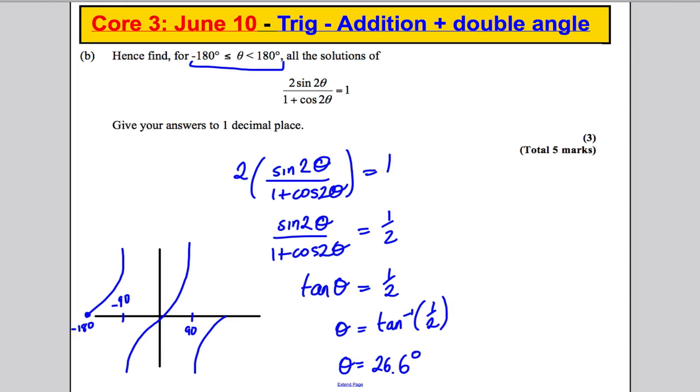Now, you're trying to find all the solutions. You know 26.6 is a solution here. So you know there's another solution, negative 180 plus 26.6. So the other solution is therefore equal to negative 153.4 degrees. And they are your two solutions. Next question, pause the video, have a go.